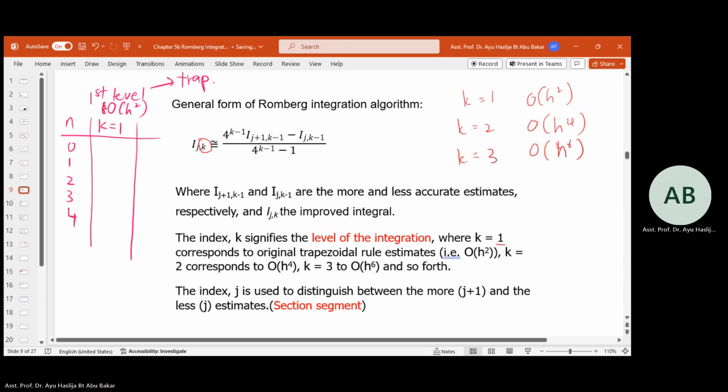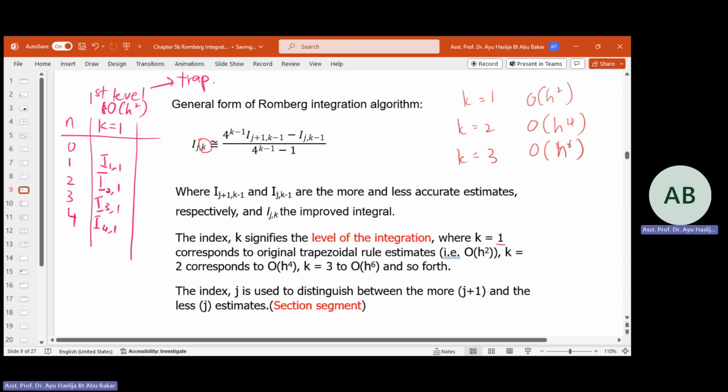Okay. Now here you will have the value I 1,1. First level, K is the level. J is going down the sequence. So I 2,1, I 3,1, I 4,1.